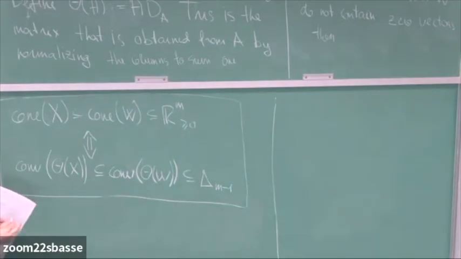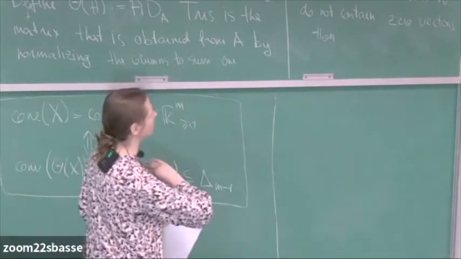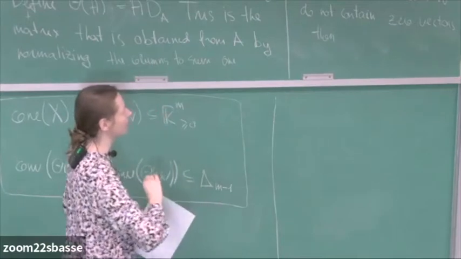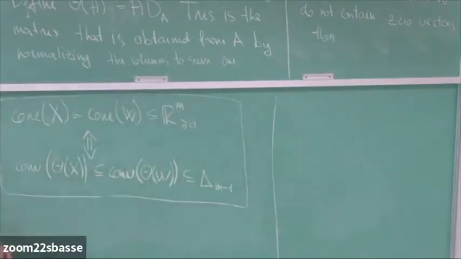And one more thing: I've been saying in several places that one can show that if the columns of X and W do not contain zero vectors, this is actually not a restriction. If our matrix X contains a zero vector, we can just take it out because it doesn't influence the non-negative factorizations.